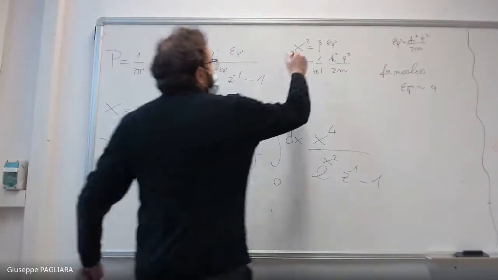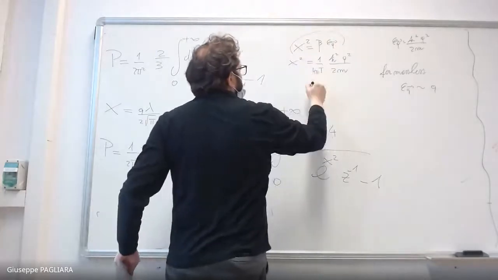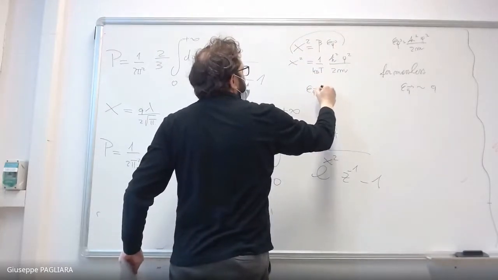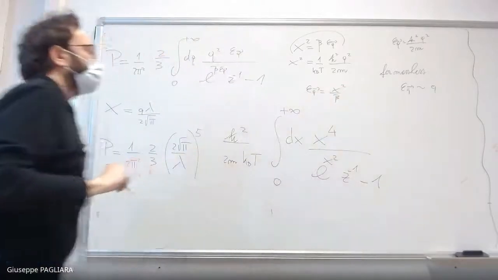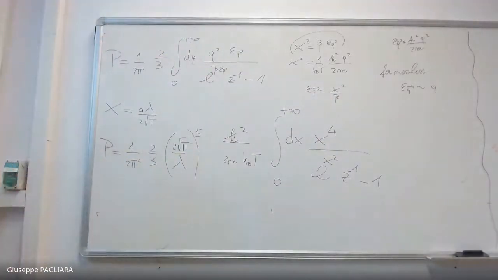Because if you want, here I can derive that epsilon q is equal to x squared divided by beta. So epsilon q is kBT x squared, and therefore I have to compensate this kBT.